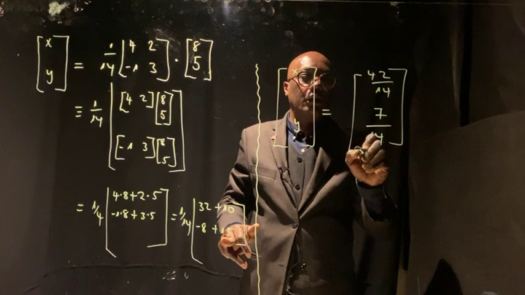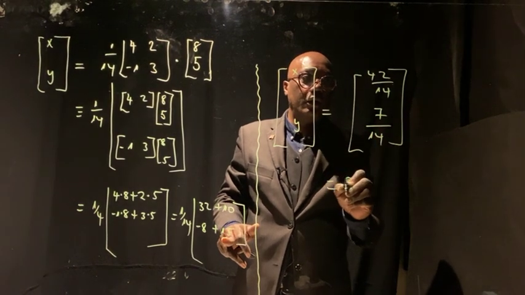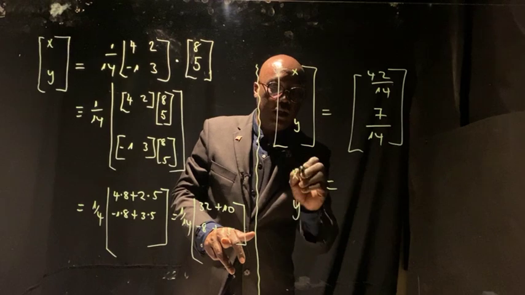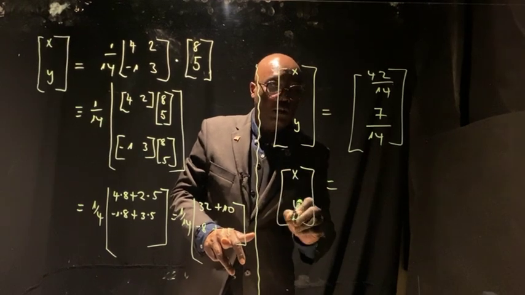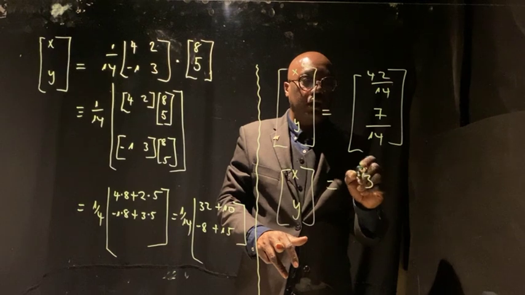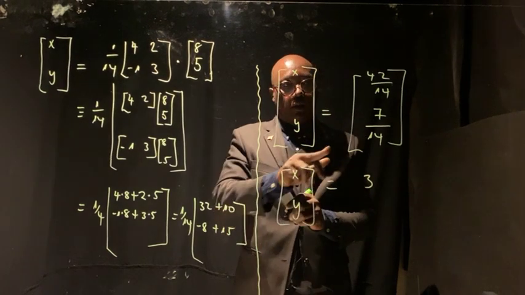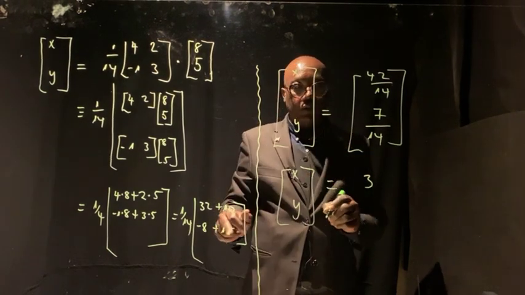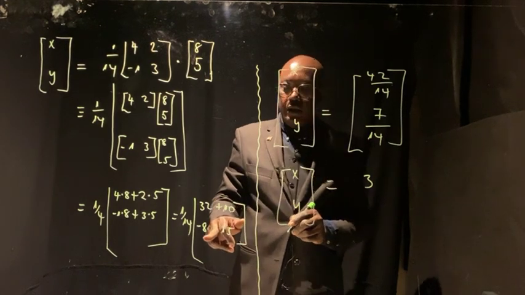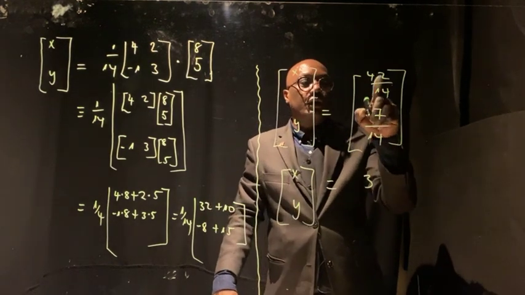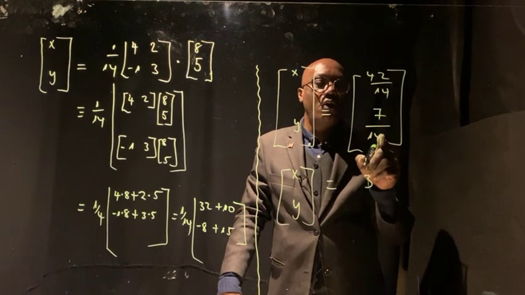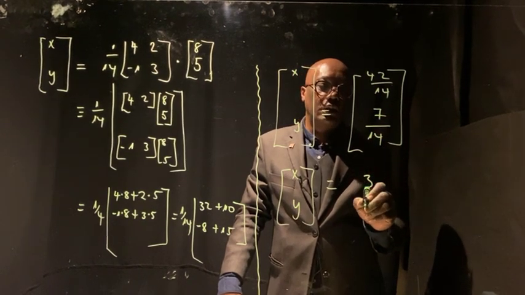So x, y equals 42 over 14, which is 3, and 7 over 14, which is a half.